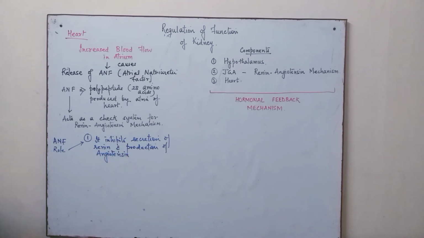Now if a large amount of renin is produced, then the angiotensin mechanism will also start working, and the kidney will have an increased GFR. That means more blood will be flowing through and a large amount of waste will be excreted. But ANF inhibits the secretion of renin and subsequently the production of angiotensin. Since it inhibits renin production, the GFR will be brought to normal. So if there is an increase in the GFR, ANF will check the secretion of renin and the GFR will be normalized.